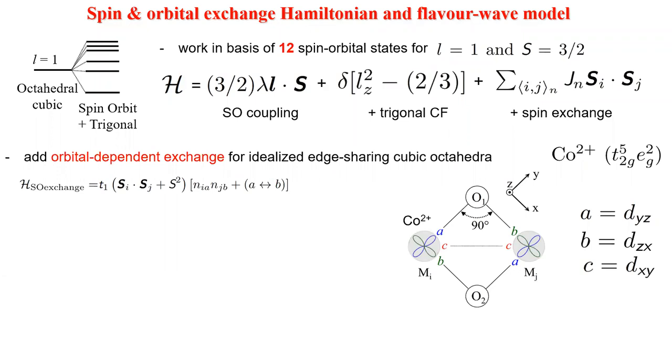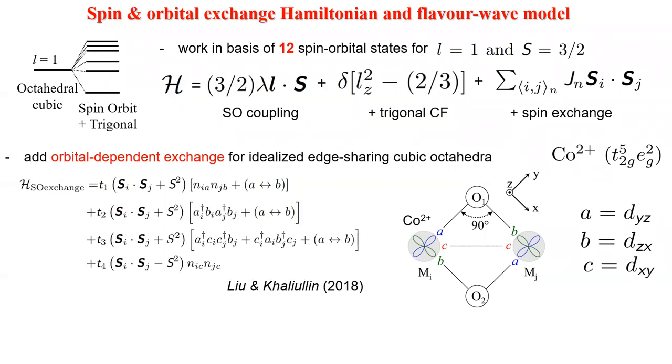Now, the exchange path for edge shared cobalt ions has been looked at by various empirical papers by Liu, Khaliullin and Motome as well. And one insight that they proposed is that actually the exchange happens through certain orbitals.